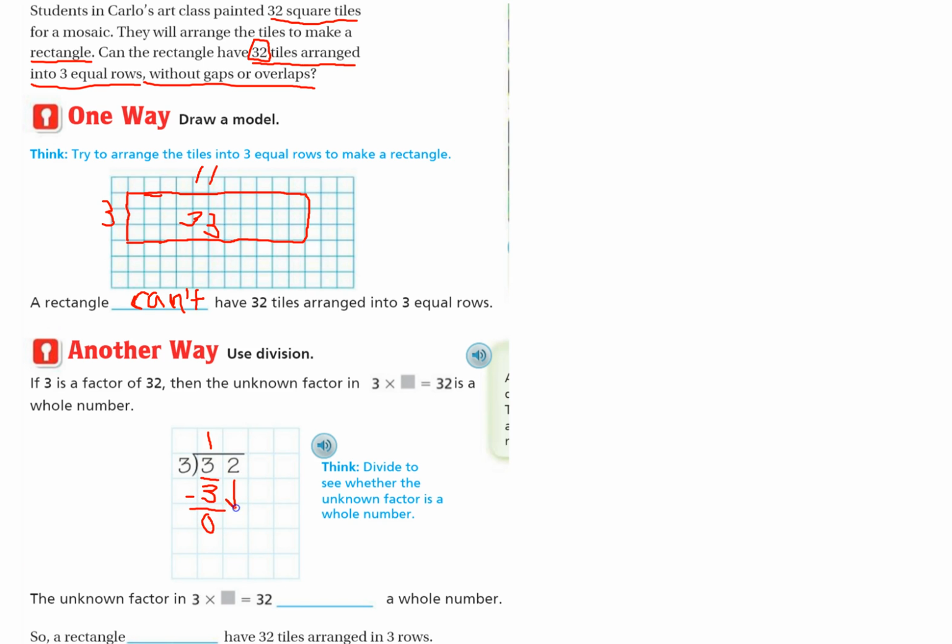Bring down, that's a 2. Can 3 go into 2? No, it goes in 0 times. Can't go in any times. 0 times 3 is 0. Subtract gives me 2. Nothing left to bring down, so that 2 becomes my remainder. Remainder 2.